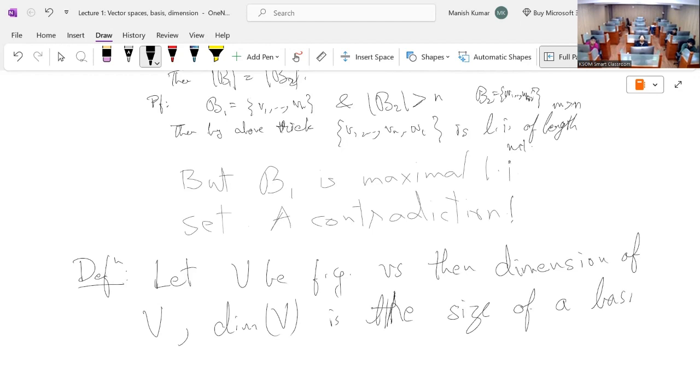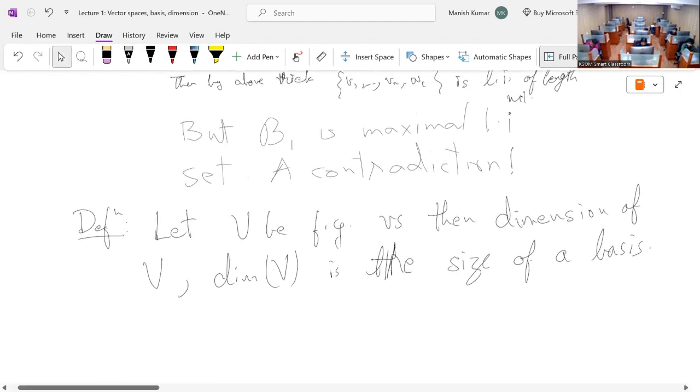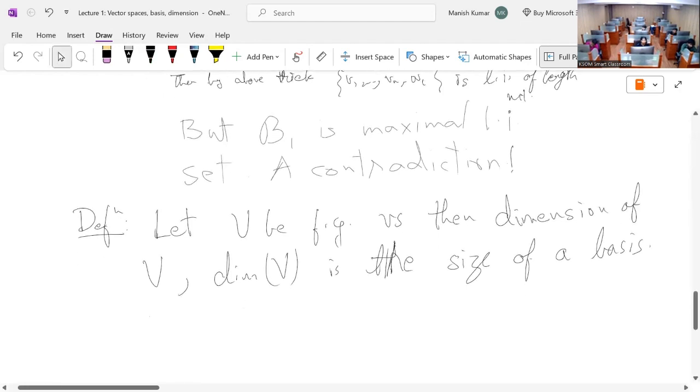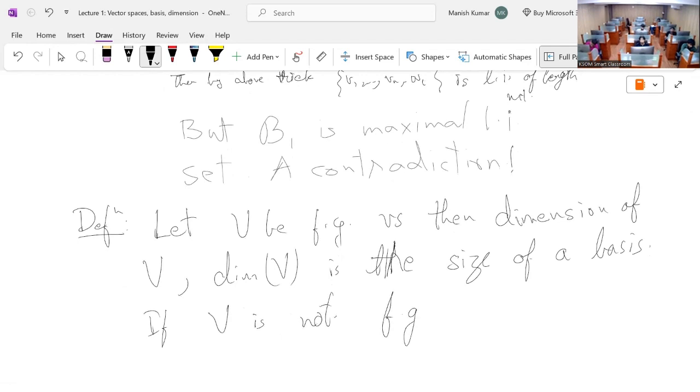And by the above proposition, we know that this is well defined. If V is not finitely generated, so if you can't find a finite generating set, then we define the dimension of V to be infinite.